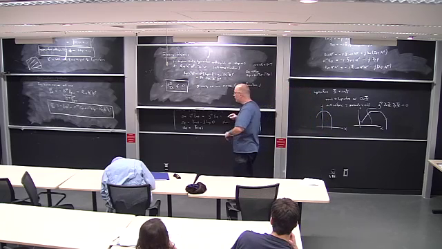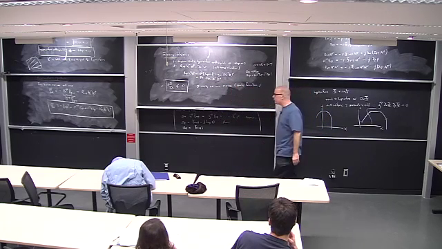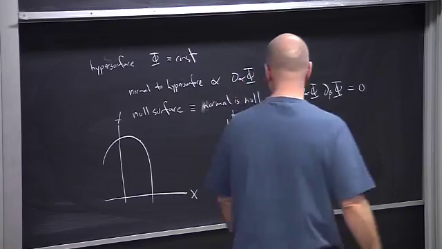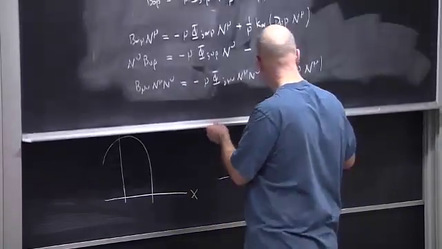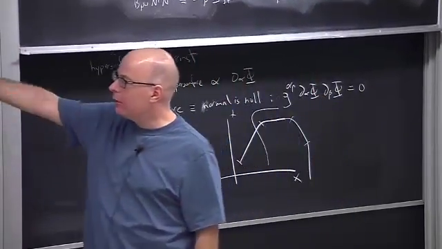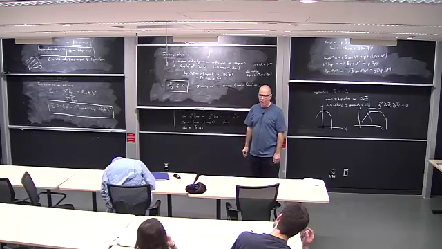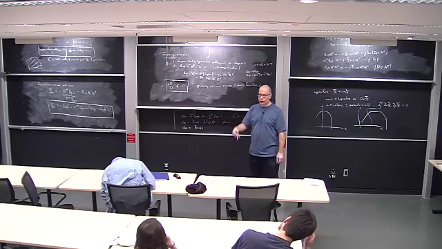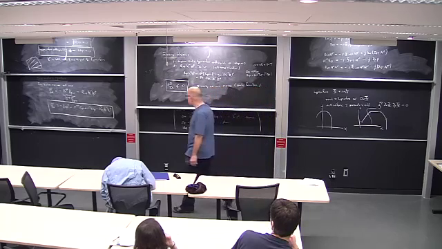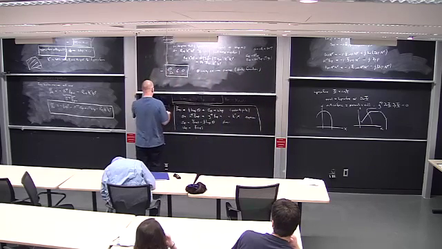So the way it goes is this. Theta is unique, independent of n. Sigma and omega are not.